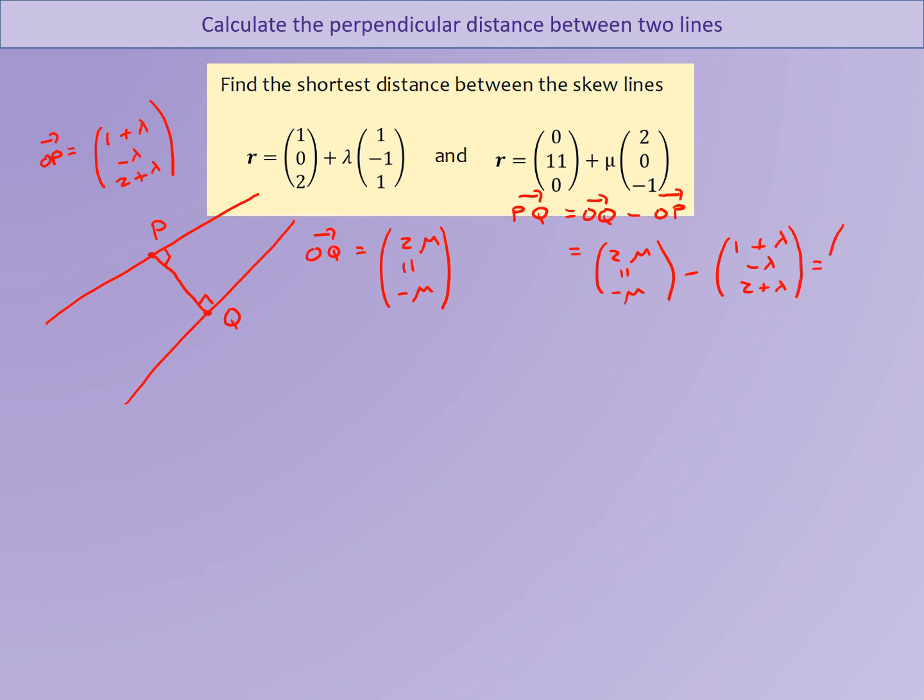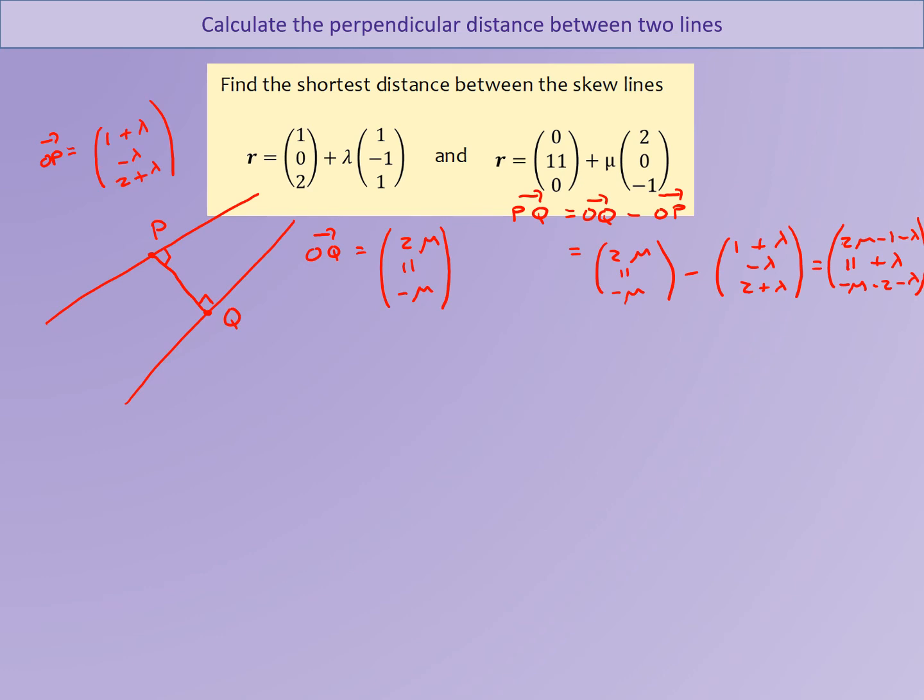So PQ is 2 mu minus 1 minus lambda, 11 minus minus lambda, so 11 plus lambda, and then minus mu minus 2 minus lambda.